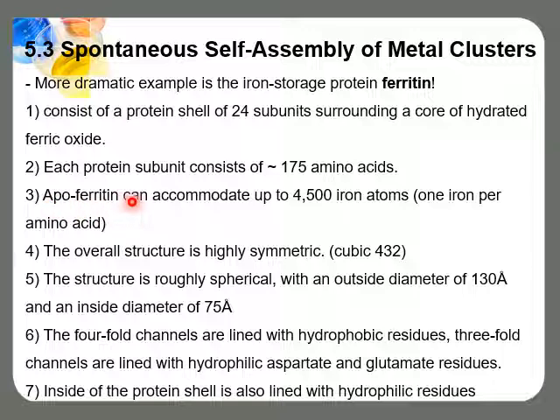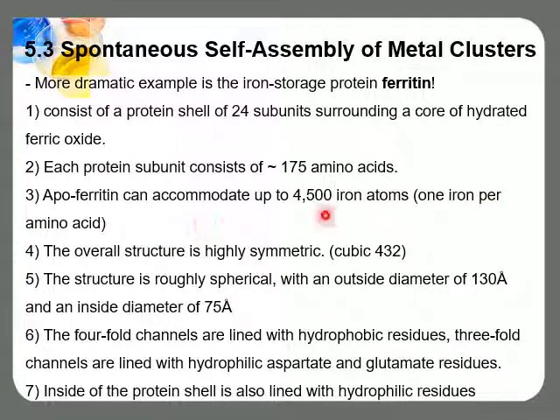And the apoferritin can accommodate up to 4,500 iron atoms. Apoferritin means a ferritin without metal, without iron. It can accommodate up to 4,500 iron. This is a tremendous, very big value because about one iron per one amino acid is possible in this ratio.